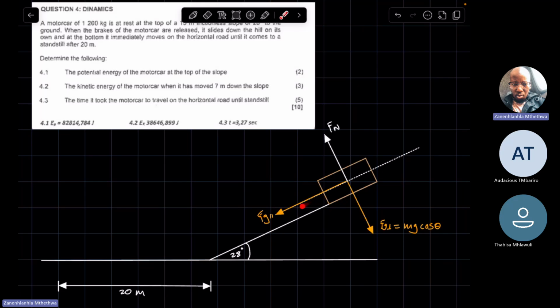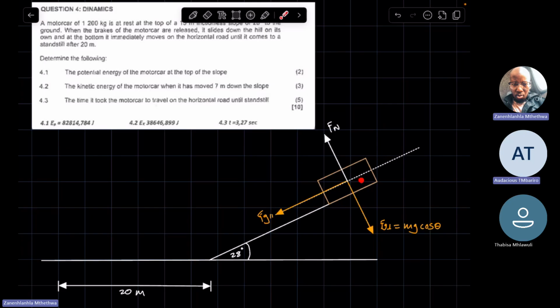So the work is being done along the x-axis. The only force that contributes to this going down the incline that is parallel to the x-axis is this one. So this goes down the incline because of this force, but only once the brakes are released. Are we still together here?